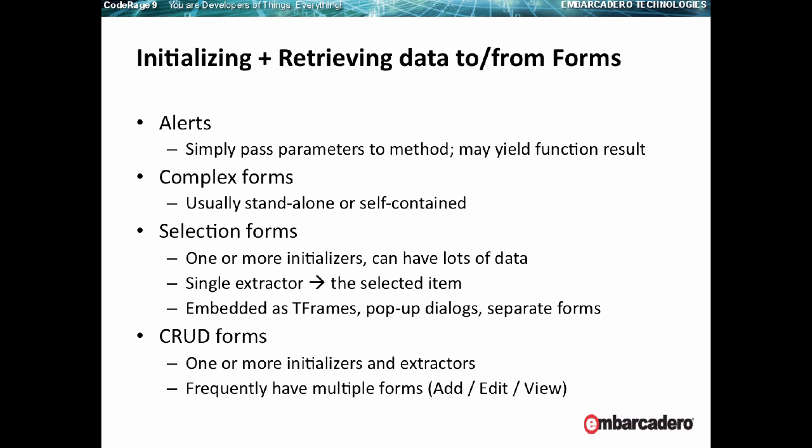But they'll usually have a single extractor which returns one selected item. Now, the neat thing with selection forms is they can actually be embedded as TFrames. They can exist as, say, pop-up dialogs, or they can exist separately just as separate forms. CRUD forms are characterized by one or more initializers and extractors, and they frequently have multiple variations of the same form.